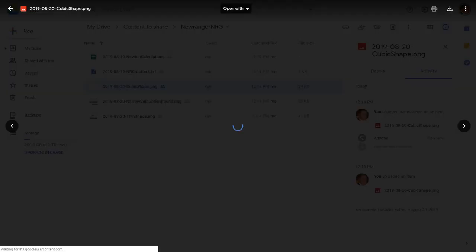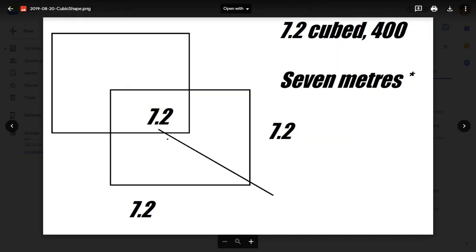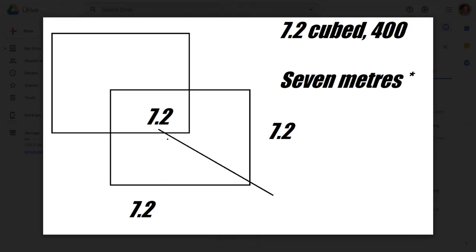One of the first things we talked about is how big is 1,000 tons. This is a rough representation of what it looks like.